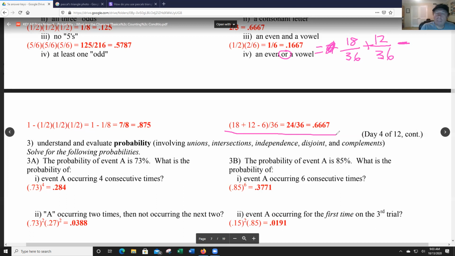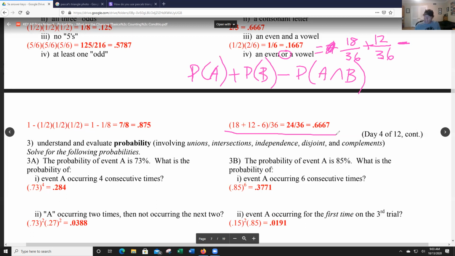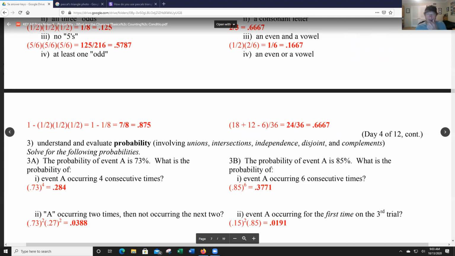So remember our formula: probability of A plus the probability of B minus the probability of A intersection B. Let's check it out. We're going to go the long way and do the sample space. Like I said, settle in here. There are 36 different rolls you could get. I'm going to list them all, starting way over here to the left: 1A, 1B, 1C, 1D, 1E, 1F.